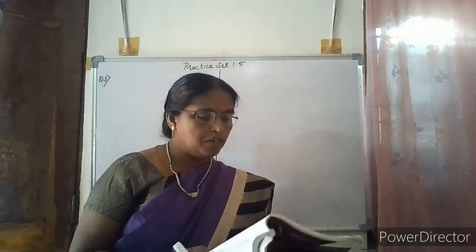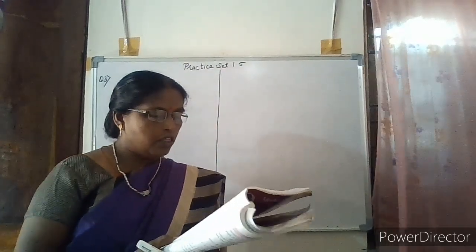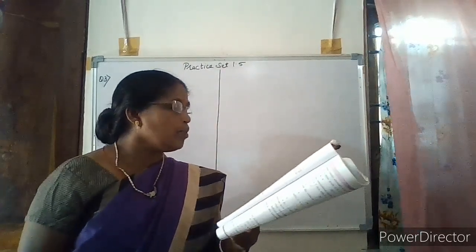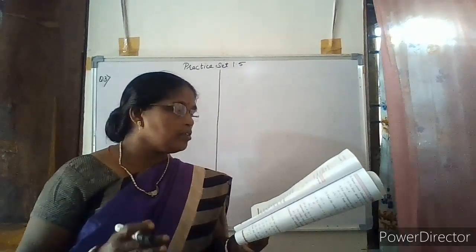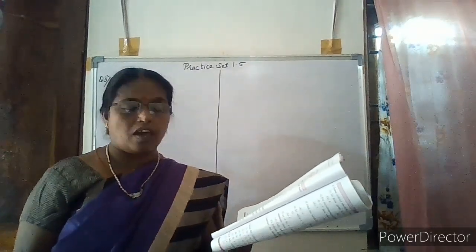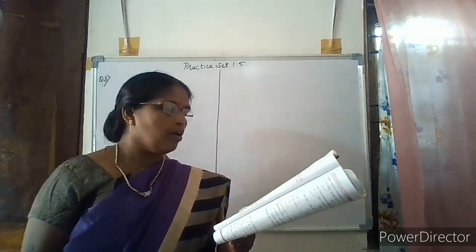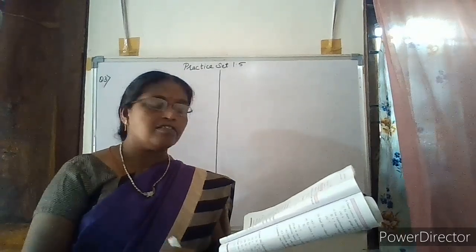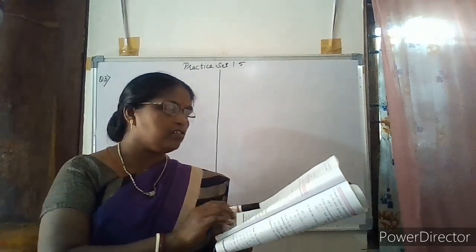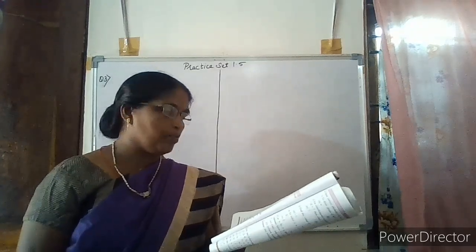Now the third question is based on the age of father and son. The question is like this. The sum of father's age and twice the age of his son is 70. This is the first condition.